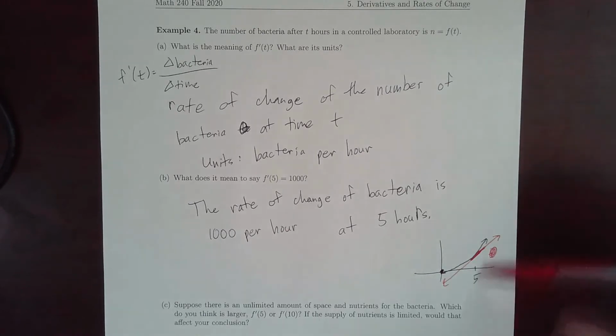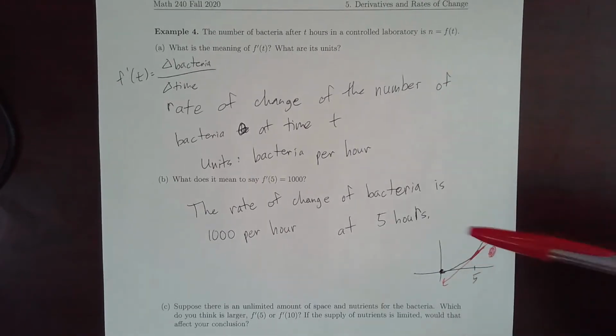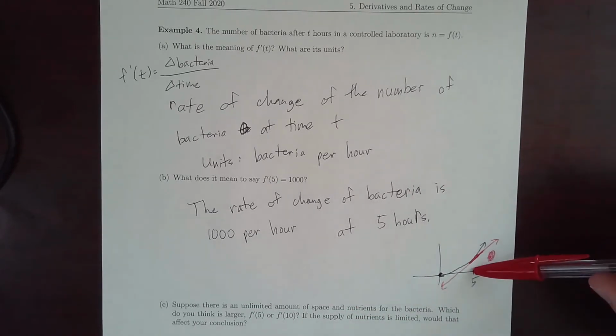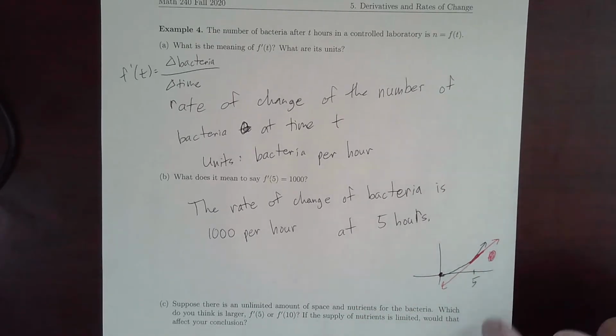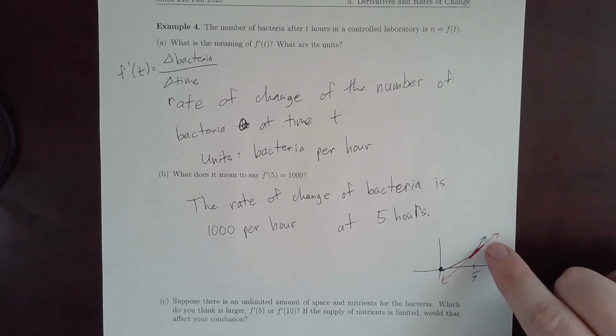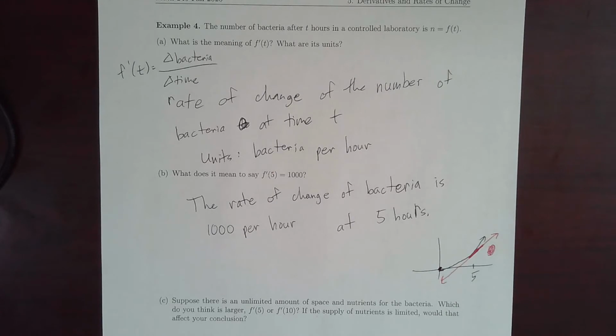And so what that means is that if we continued to increase our number of bacteria per hour based on what it is at time t equals 5, then it's going to continue at a rate of 1,000 per hour. Maybe it's going to be more or less over time, but at that moment, that's the rate of change that we're looking at.